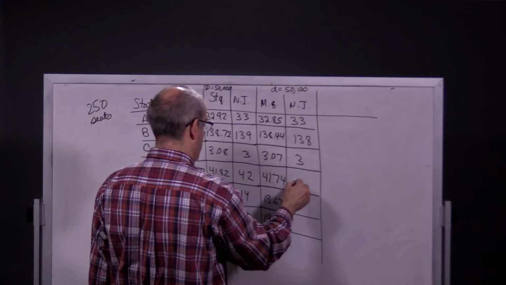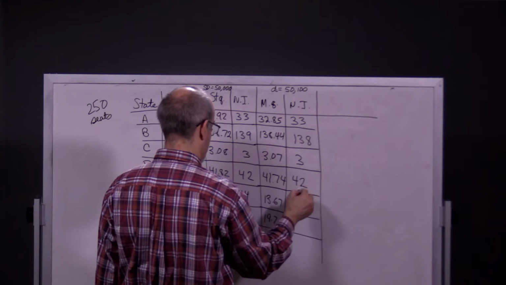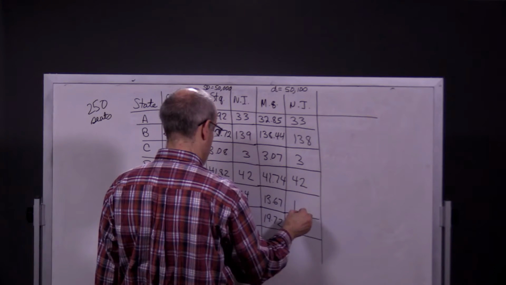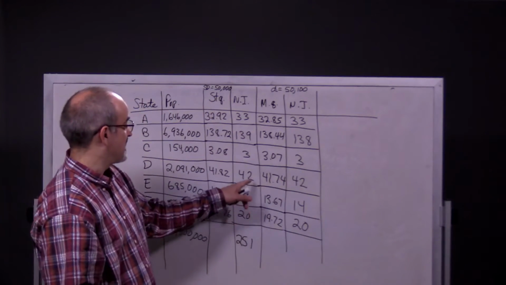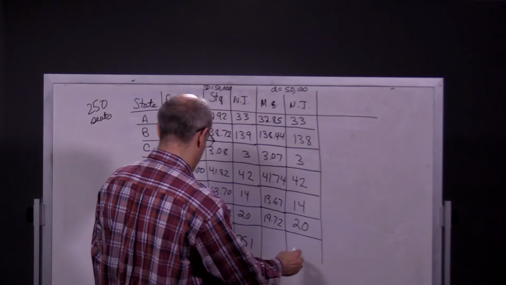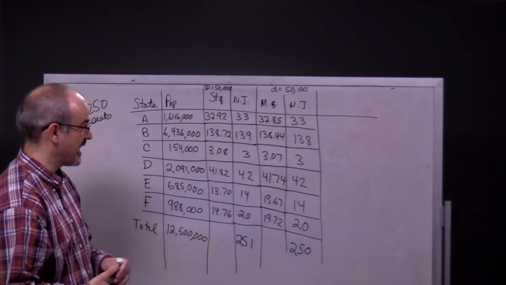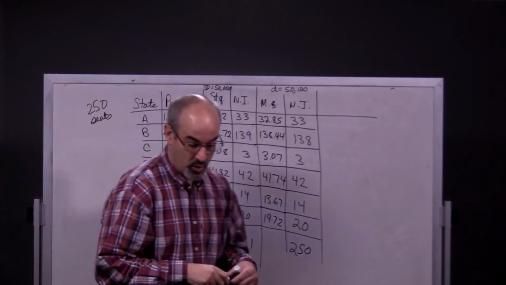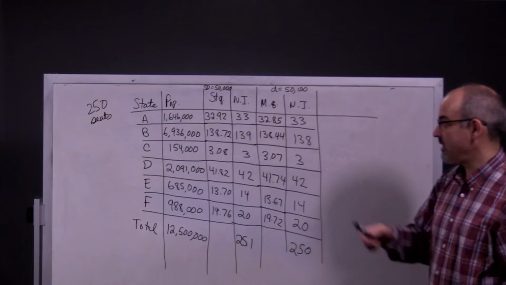I think that might be the only one that changes. Yeah. Everything stayed the same, except for this one went down. So it went down by 1, so this number is now going to be 1 less. So it's 250, which is exactly what you wanted. So, like I said, that turned out really great.